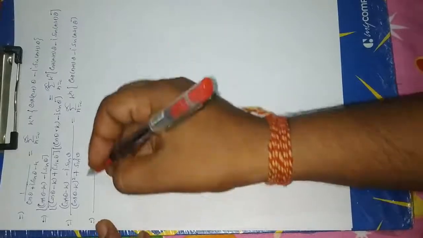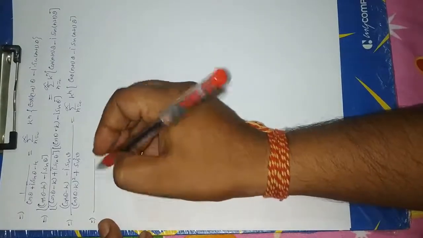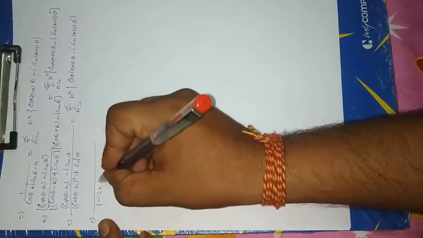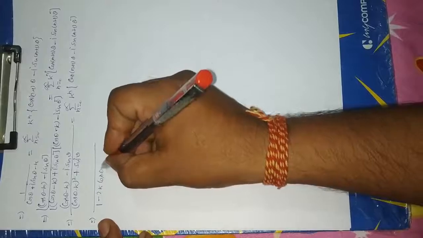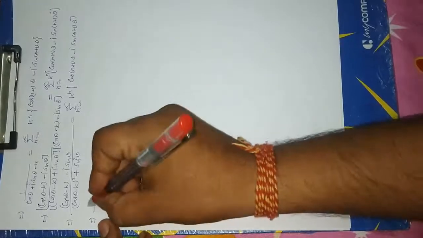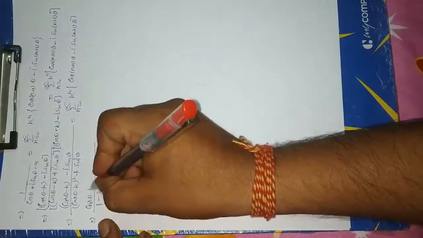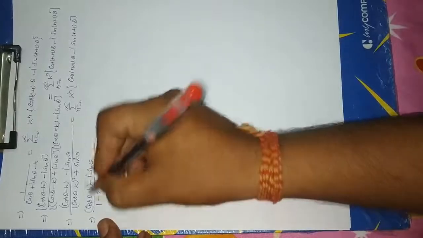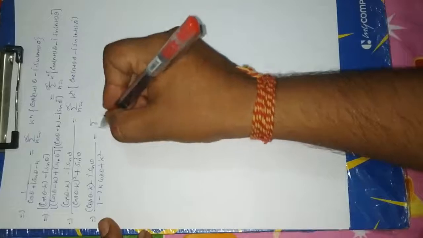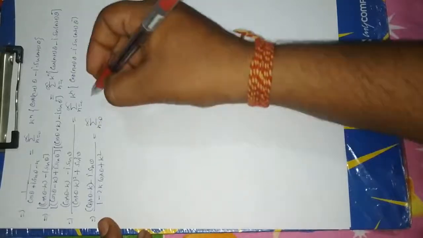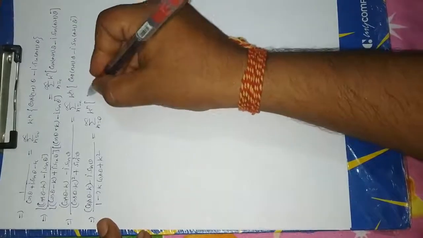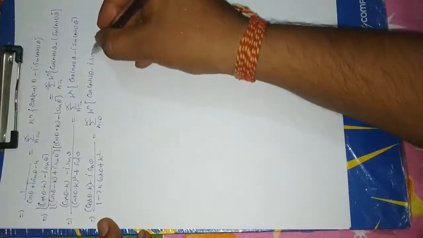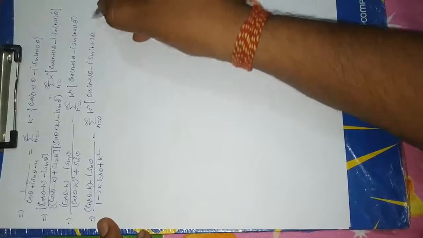Now solving, cos square theta plus sin square theta is equal to 1, and the multiplication of both gives 1 minus 2k cos theta plus k square.